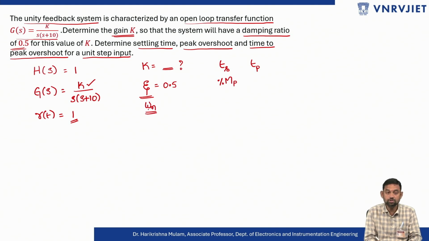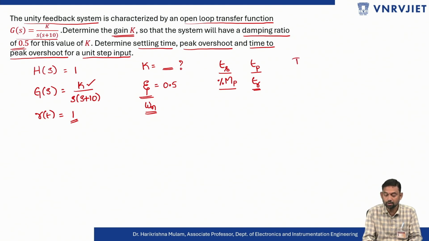And if you know these two parameters, you can find all time domain specifications like settling time, peak time, overshoot, even rise time. Therefore, first of all, let us find the transfer function of the system.